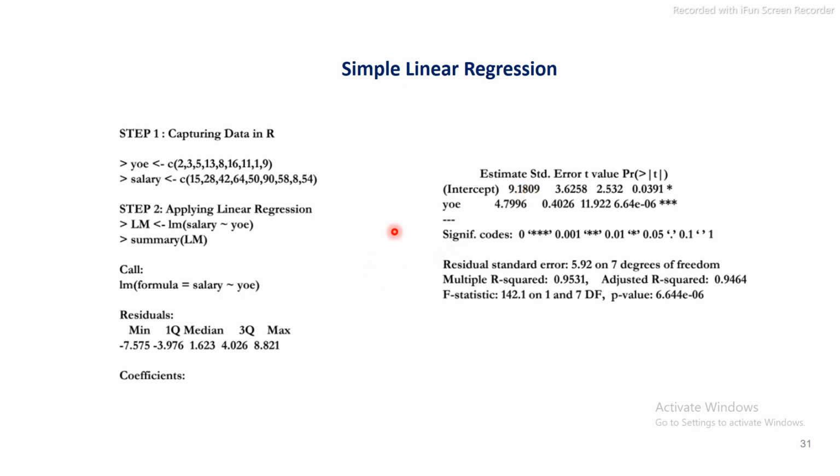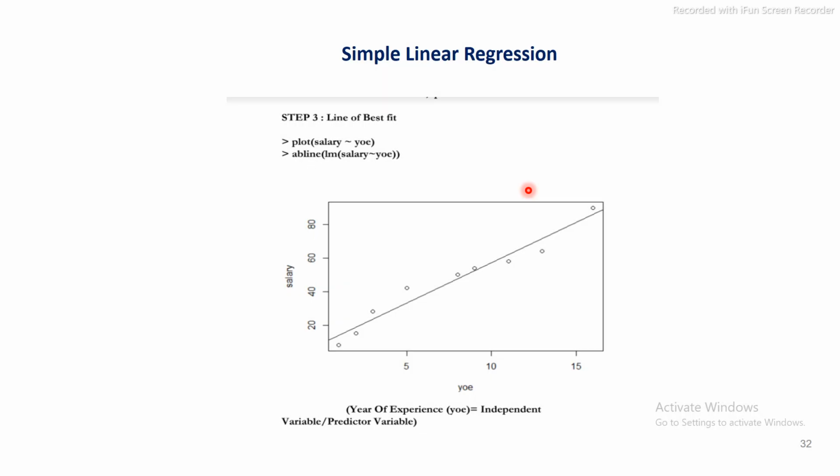So the formula would be salary equal to YOE multiplied by 4.80 plus 9.18. If someone has 15 years of experience, we just multiply 4.80 into 15 plus 9.18. This will give you the value of y, that is your salary, for 15 years of experience. This is how we can calculate it through the output of R programming also.